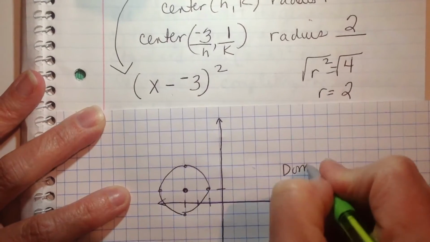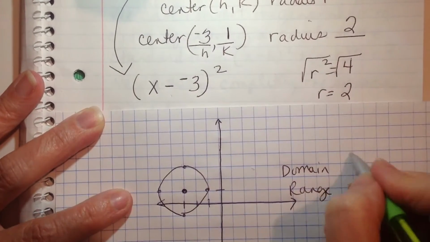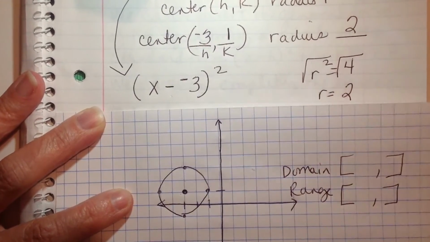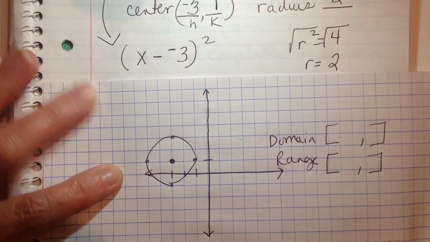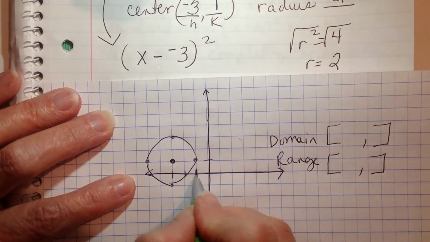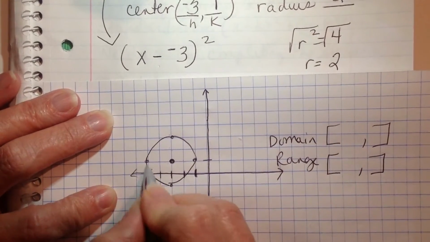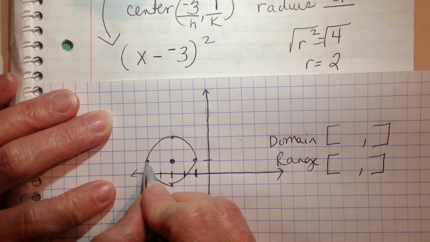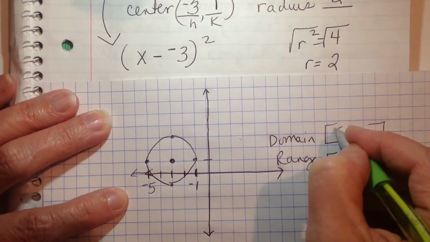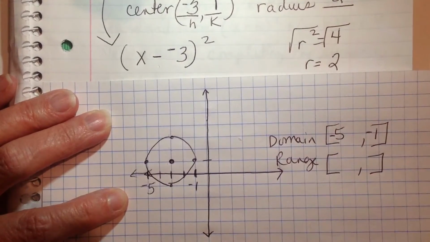Now we can talk about domain and range. Your domain is your x values, your range is your y values. So for your domain, what x's were used, starting at negative 1, negative 2, negative 3, negative 4, negative 5. At this point x is negative 5, so your domain is from negative 5 to negative 1.